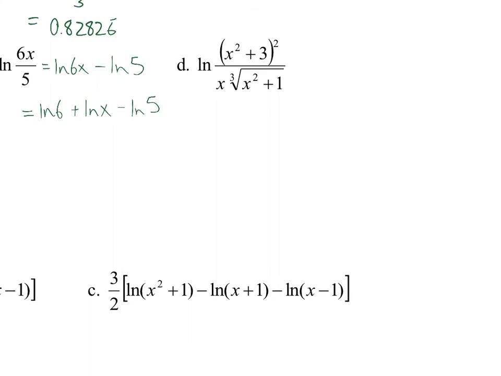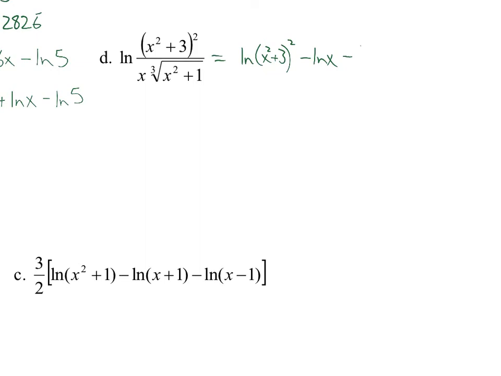D looks fun. Okay? You subtract the numerator by the denominator. Anything in the numerator is going to be positive, anything in the denominator is going to be negative. So if we split that up that way first, we have ln of x squared plus 3 squared minus ln of x minus ln of x squared plus 1 cube rooted.